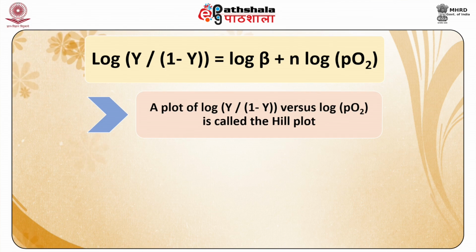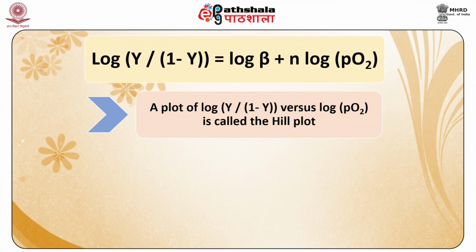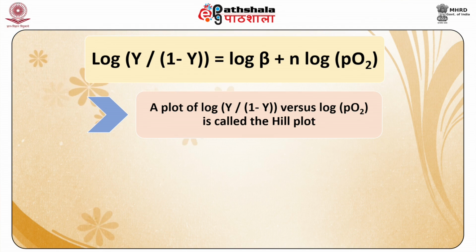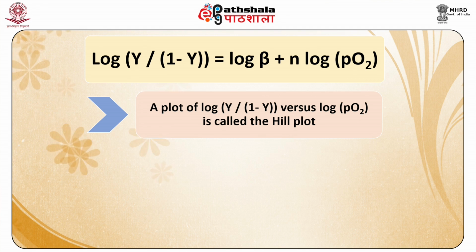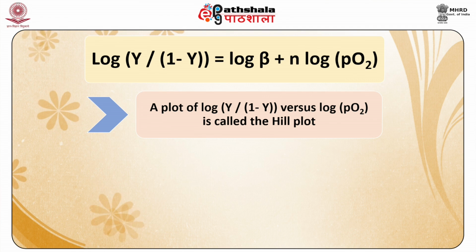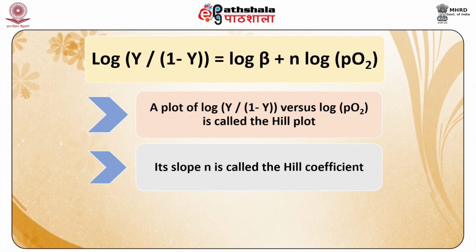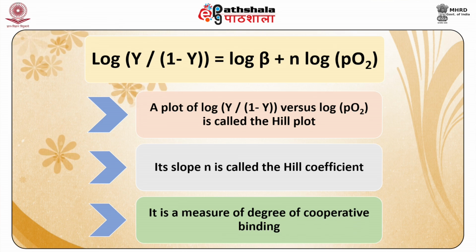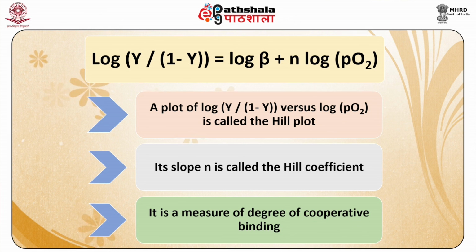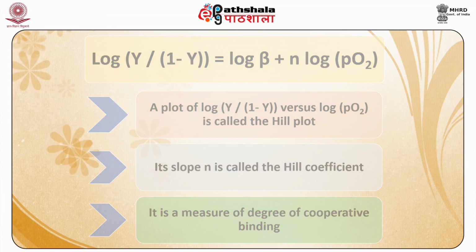A plot of log Y by 1 minus Y versus log PO2 is called the Hill plot. Its slope n is called the Hill coefficient. It is a measure of degree of cooperative binding.